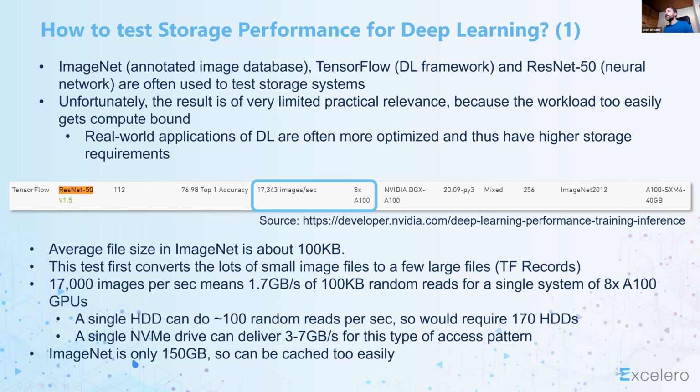And then the other factor is that ImageNet is only 150 gigabytes in size. So after reading it once into the large memory of a DGX, the next round would already be served completely from cache. So it's no longer a realistic case, because a realistic training would use a much bigger database.